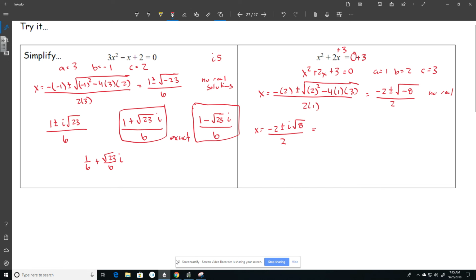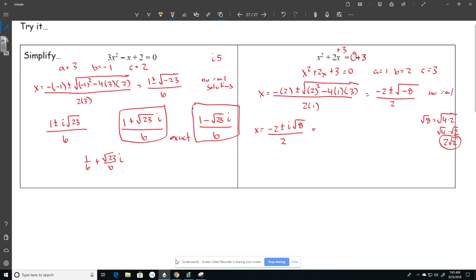This one we can do some simplifying, because the square root of 8 is really equal to the square root of 4 times 2. And I know what the square root of 4 is. So the square root of 4 times the square root of 2 becomes 2 square root 2, which is a very popular number as you get higher in math. That's going to come up a lot.